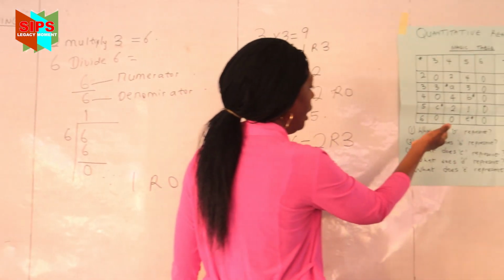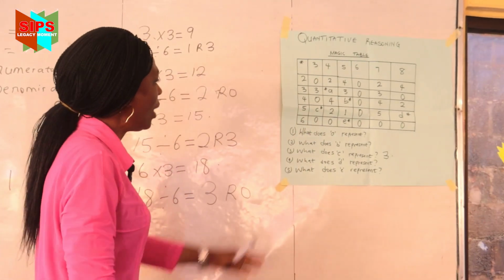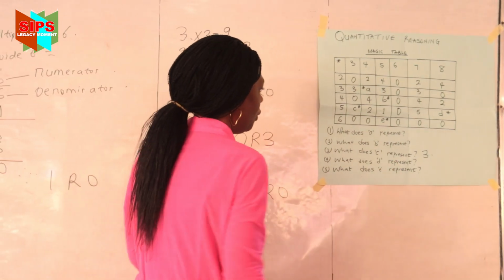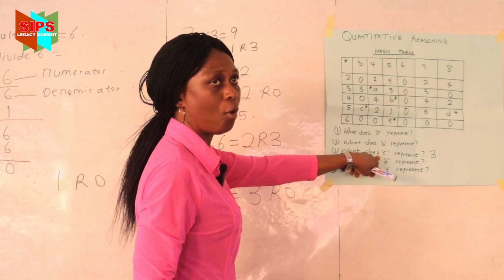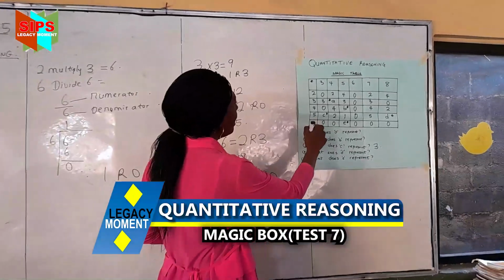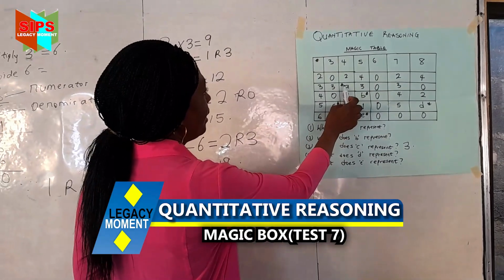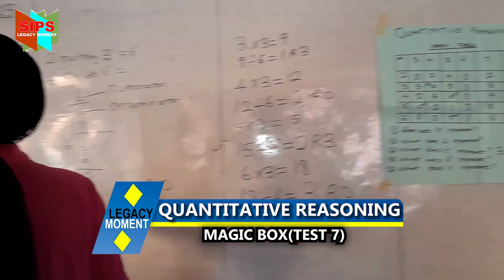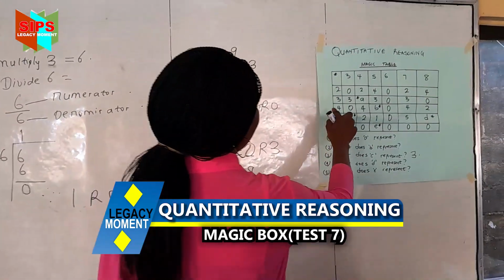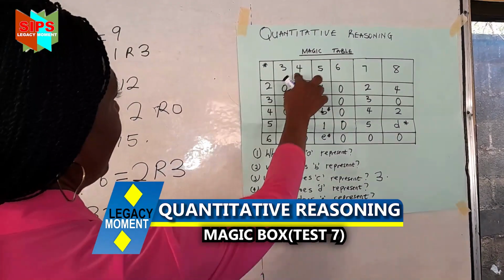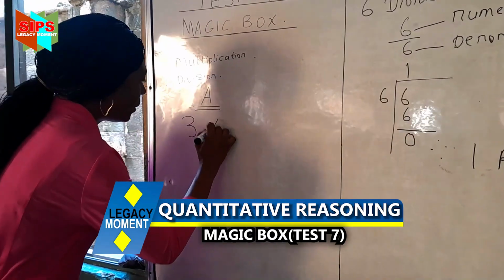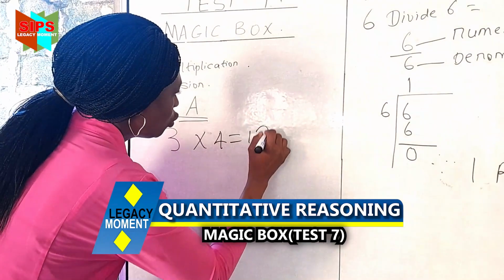Now we are given a question below that we should examine A, B, D, and E. Already we have gotten our answer for C. Now I want to examine the alphabet A, the asterisk on the box. So what we need to do, we now use our 3 to times what? Our 4, which is 3 multiplied by 4 will give us what? 12.